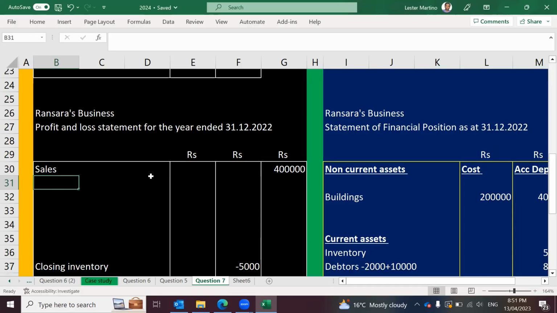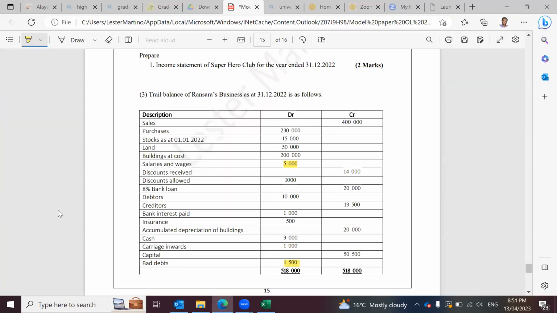Next, purchases, so leave space, write it down, less cost of sales. Leave first line blank, purchases. Second column, 230.